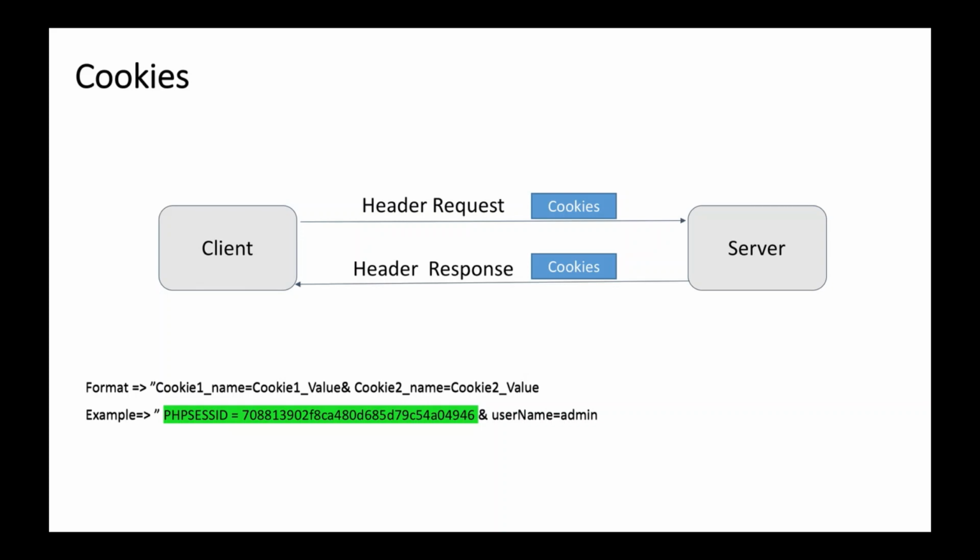So when another request comes from the same client, that request will have the PHP session ID in the header. So the server says, okay, I know this request is coming from that client, I'm talking to that person. It's just to identify the user, and we will learn later how we could play with this and how we steal user identity when we talk about session hijack. So keep this one for now. We will talk about it later in detail.